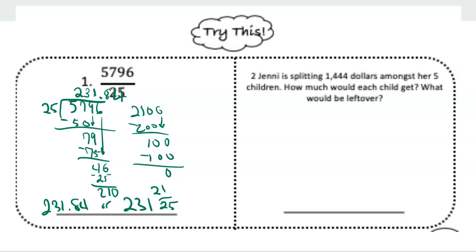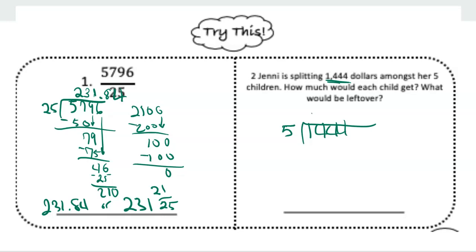Let's take a look at the second one. Jenny is splitting $1,444 amongst her 5 children. How much would each child get and what would be left over? So, again, when I'm trying to figure out which one goes in the house in a word problem, whatever is being split up, and in this case that is $1,444, that number goes in the house. It's being split up 5 ways, so that number is out of the house.